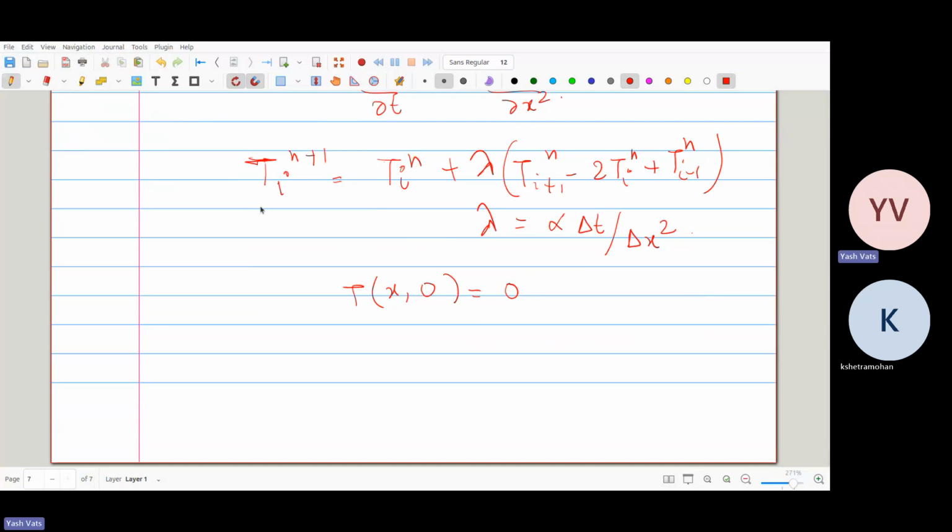T(x, 0) is 0, alpha is 0.835, lambda is something like 0.028075 or whatever, delta t is 0.1, and delta x is 2.